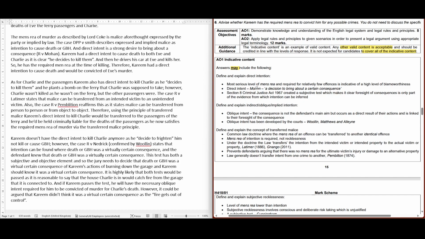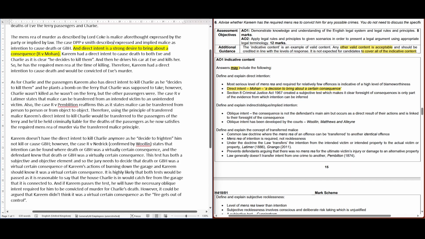Direct intent is also described in the case Mohan, a decision to bring about a certain consequence, and Section 8 Criminal Justice Act. Here, in the answer, the case Mohan is used. Not only should I give this an AO1 mark, but I should also credit other valid content.